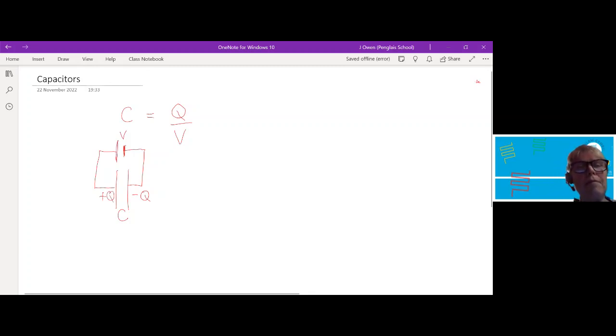So we can define capacitance in terms of that equation as long as you state what each of those terms are. So Q is the charge stored and V is the potential difference across the plates. Now, capacitance is measured in farad.